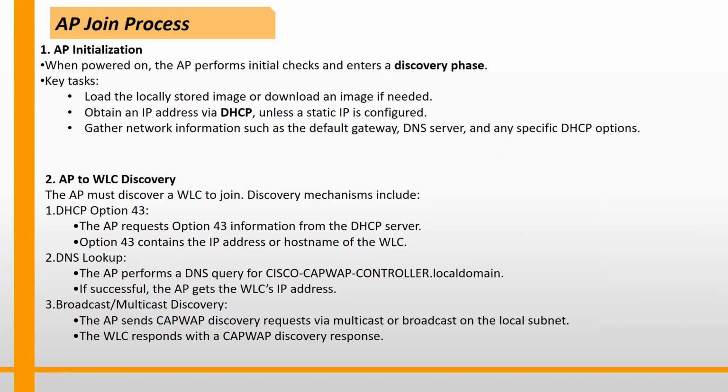Let me take the whiteboarding and then explain this. So we have a WLC, then we have an access point in our network. It's connected to a wide environment or the wide infrastructure.